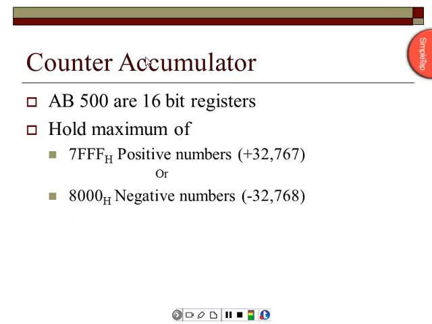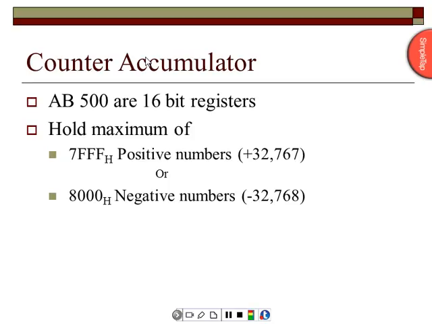Alright, now notice that your negative numbers actually have one more than your positive numbers. So on the registers, I'm not real sure why they decided to put this information in there. You never need it. But I have to tell you. Positive numbers go to 32,767. Don't worry about it for a test because I'm not going to ask you this. Negative numbers go to minus 32,768.